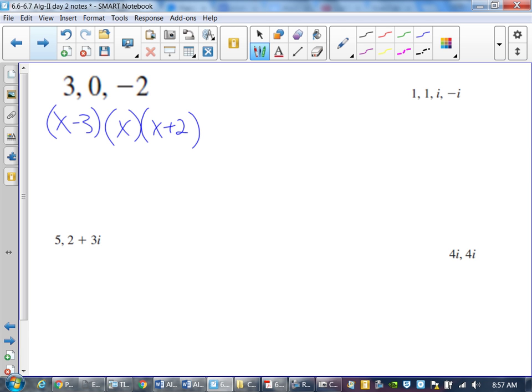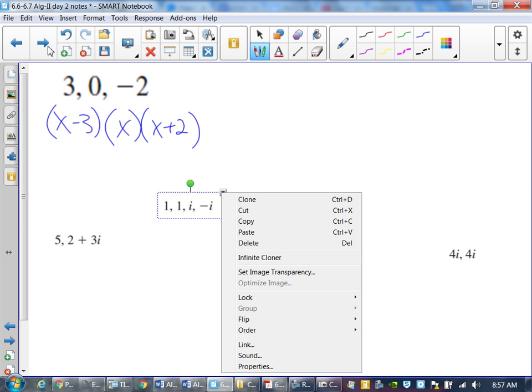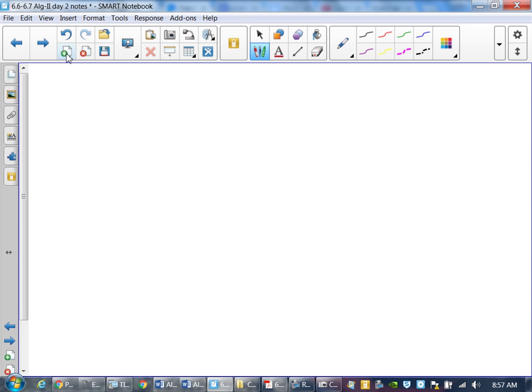All right. Now, if I go to this one, I have a repeated zero at 1, which means that would have been x minus 1, x minus 1.